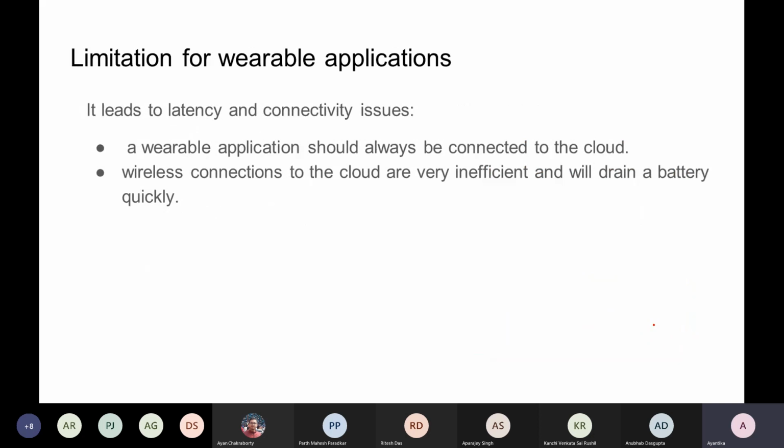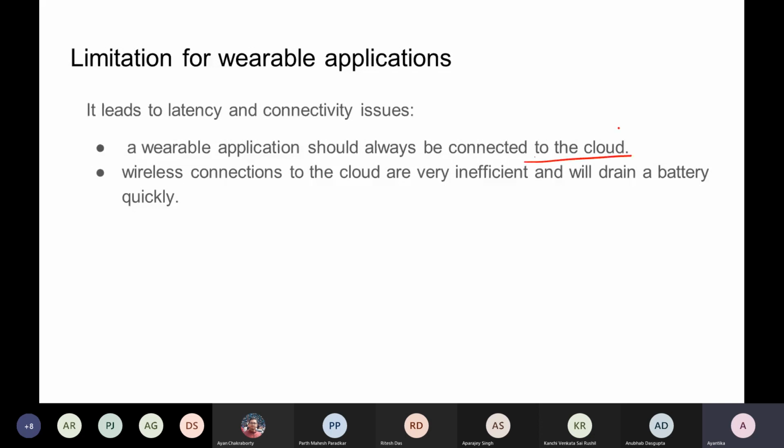But when we are talking about wearable applications, this will not be the case. Wearable devices should be connected to the patient's body, or the human who is actually wearing the band and expecting the prediction. So let the band get attached to the patient's body. The data we will collect through the sensor attached to the device, and then we will send the data to the cloud.